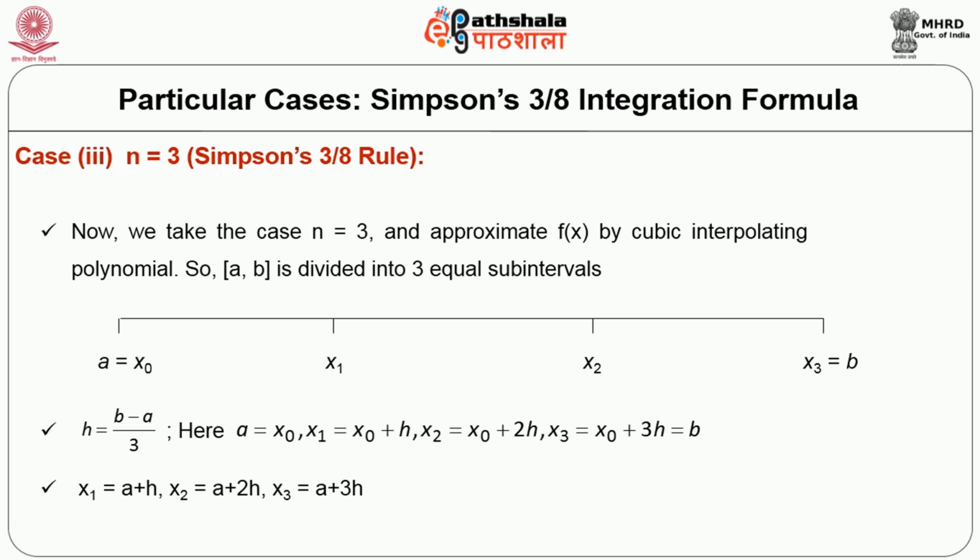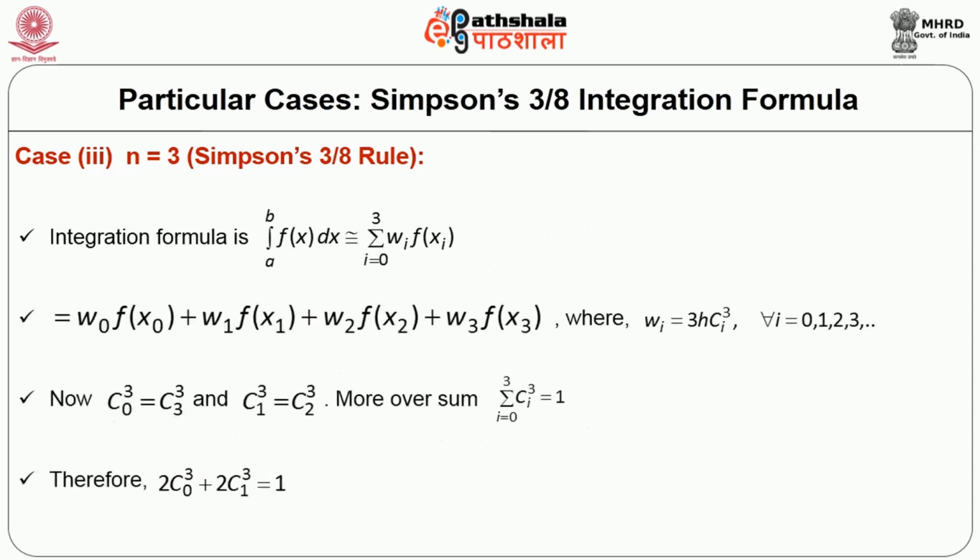Again the same thing, let the points be uniformly spaced, equidistant, for our convenience, because the general formula of Newton-Cotes coefficients which we have derived used uniformly spaced points. So x1 is a plus h, x2 is a plus 2h and x3 equal to b can be said as a plus 3h, and h is given by (b minus a) by 3.